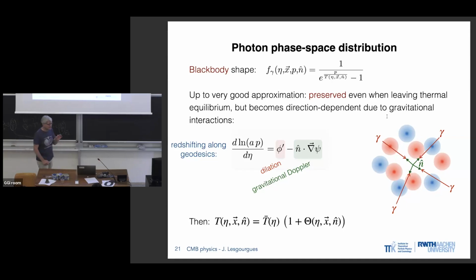When you look at very subtle effects taking place in the last scatterings of the photons before recombination, you can have a more complicated dependence of f on P. That's exactly what I'm saying. And then usually it's not a random shape. It's called mu distortion, y distortion. It has been studied. So there are parametric families of deviations from a black body shape.